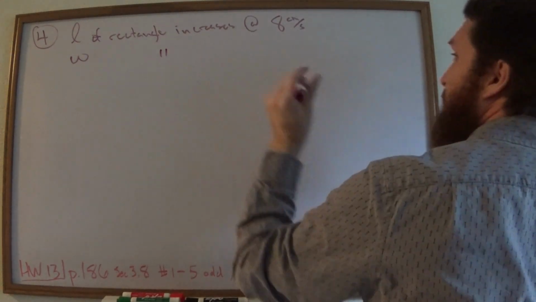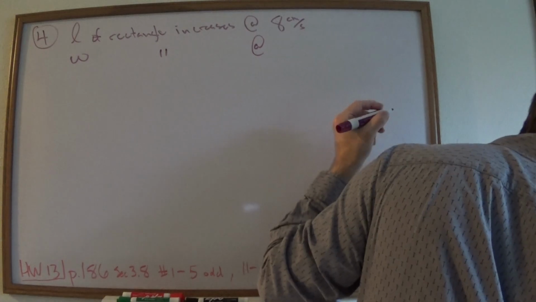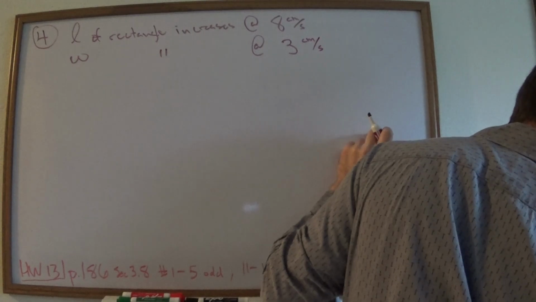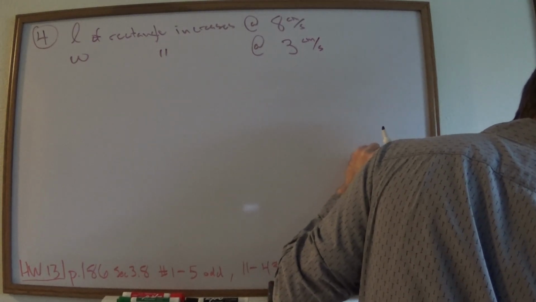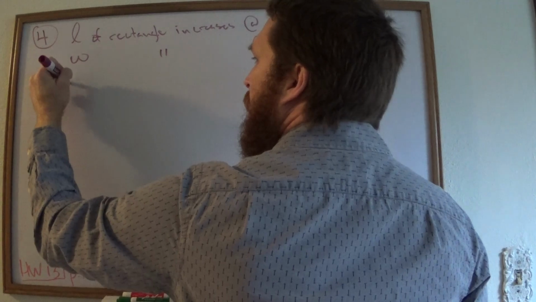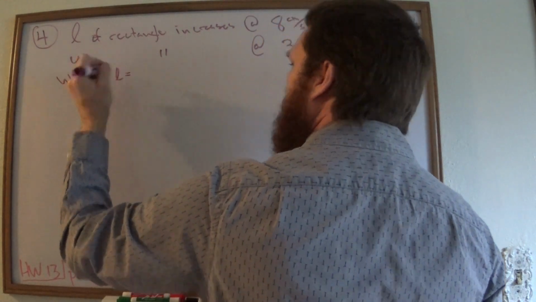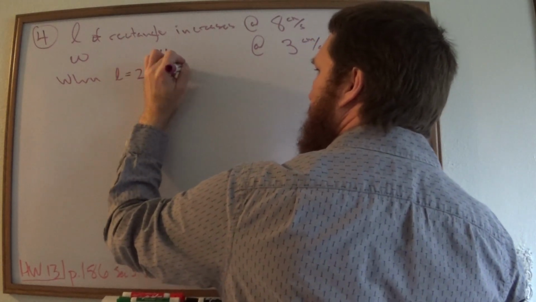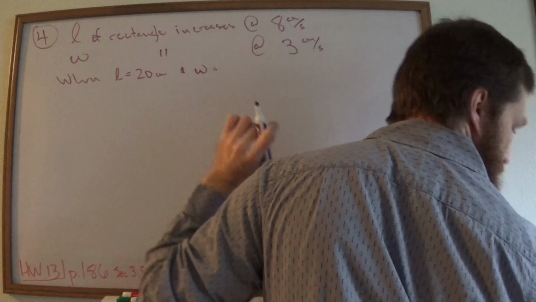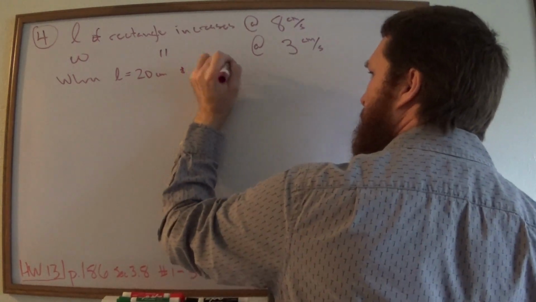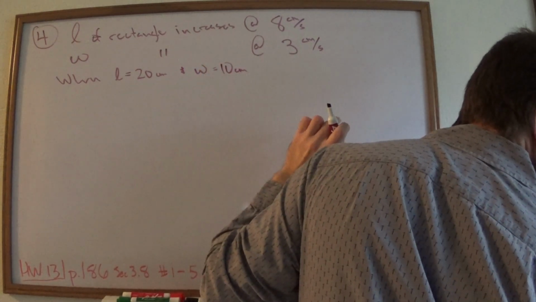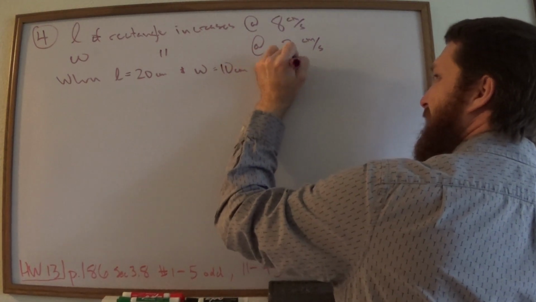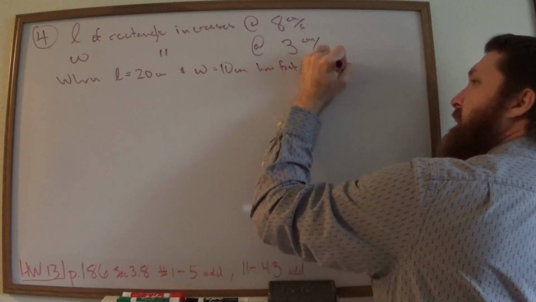It is increasing at a rate of 3 centimeters per second. And what we want is, when the length is 20 centimeters and the width is 10 centimeters, how fast is the area increasing?